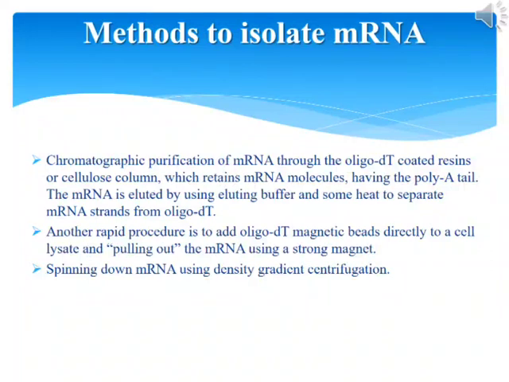Or oligo-dT magnetic beads can be mixed with the total RNA preparation. Now, due to mutually exclusive affinity, mRNA will bind to the poly-T beads. Strong magnets can be used to pull out the mRNA from the lysate, or the beads can be washed with washing buffer to remove non-specific cross-contaminating species.